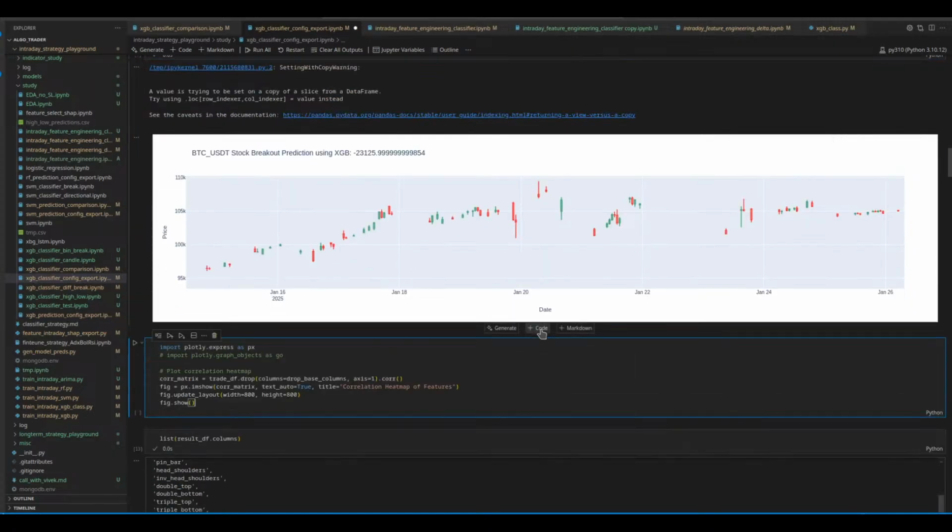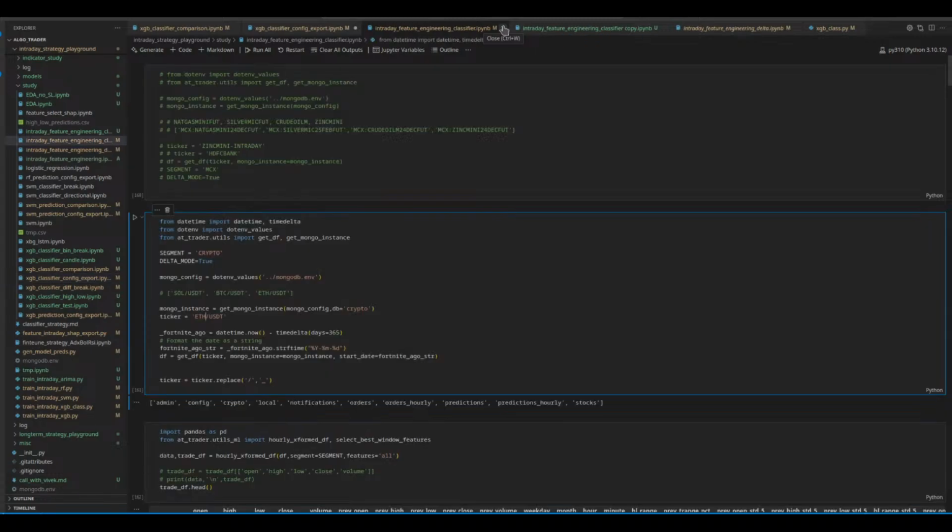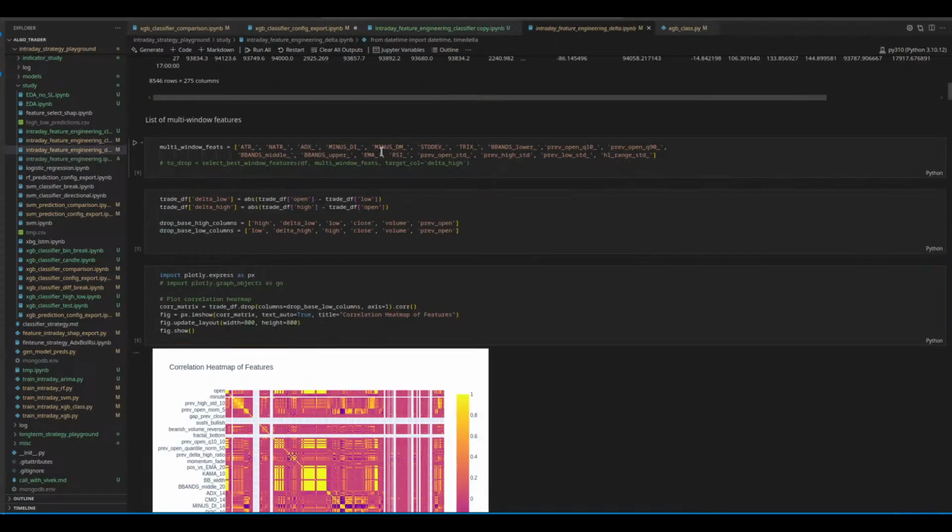Okay. Let's see if this works. What are the columns that I need to drop? I'll just get those columns from here itself. Feature engineering classifier. Okay, is this what I want? No. Delta.